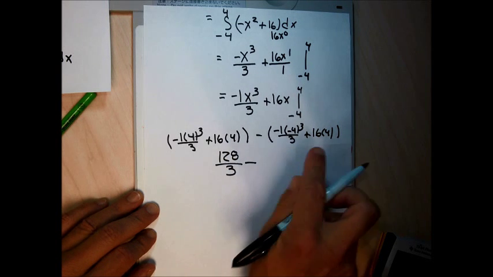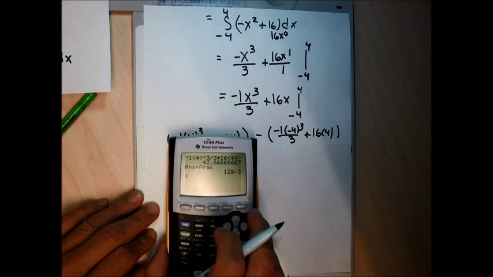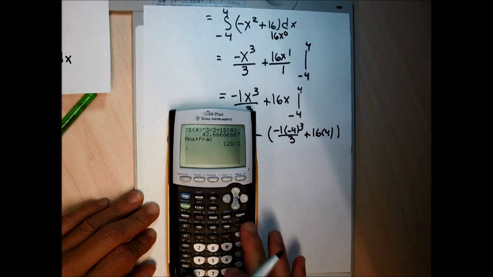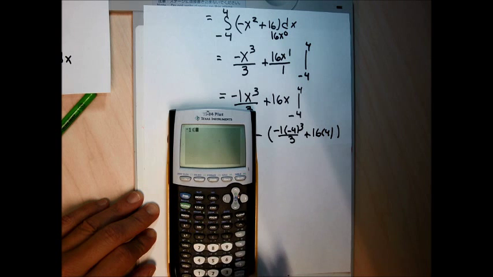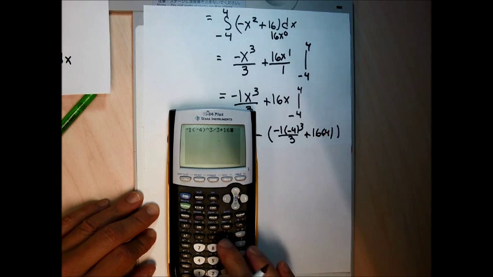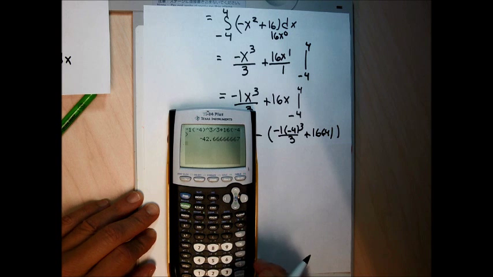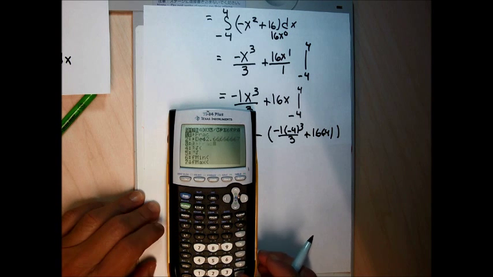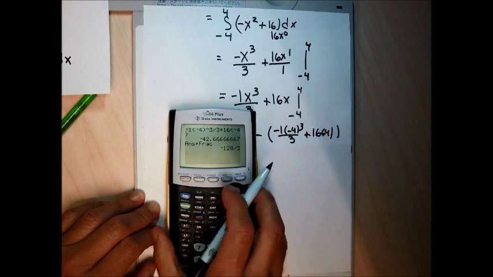I'm going to bring the minus sign, and I'm going to do the second computation by going -1 times -4 up arrow 3 divided by 3 plus 16 times -4. And that gives me -42.666. Math, enter, enter, gives me -128 over 3.